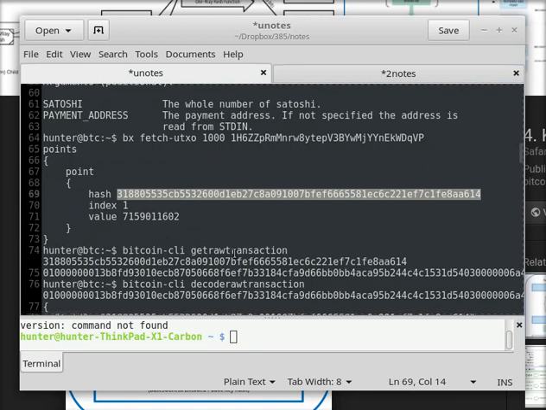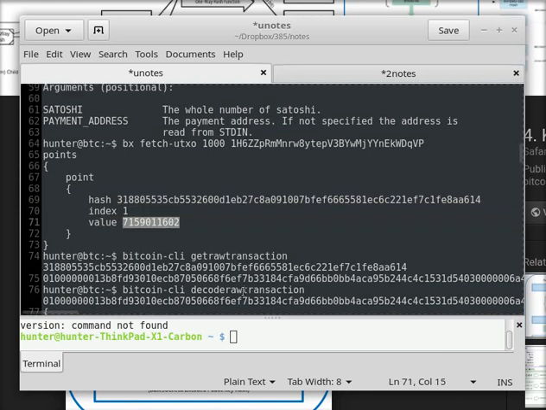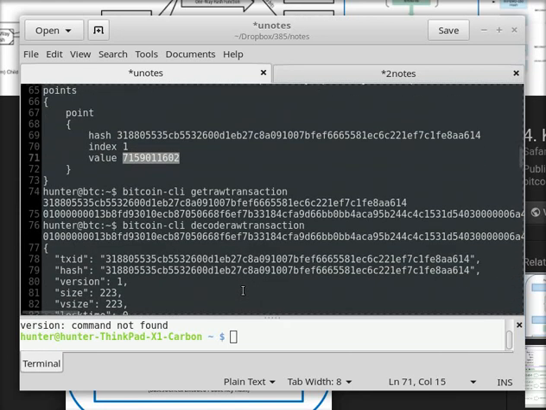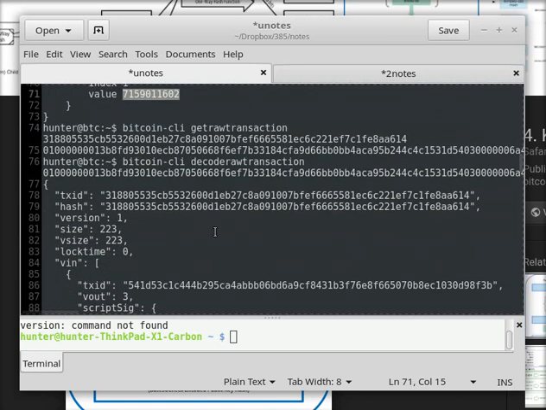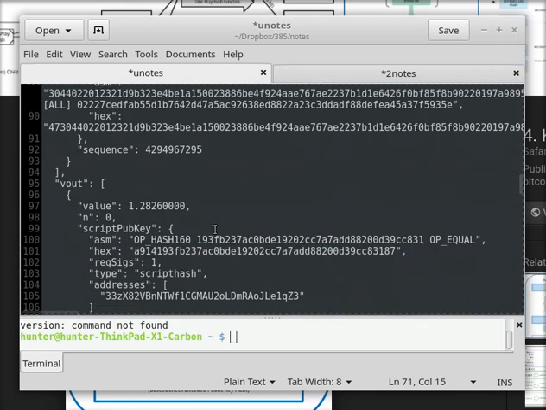And did I look this thing up? I think I did, yeah. So this is a transaction where the UTXO occurs. It says the index is 1 and the value is this many Satoshis. All right, so now I looked it up and then I decoded the raw transaction, and let's look at the outputs.